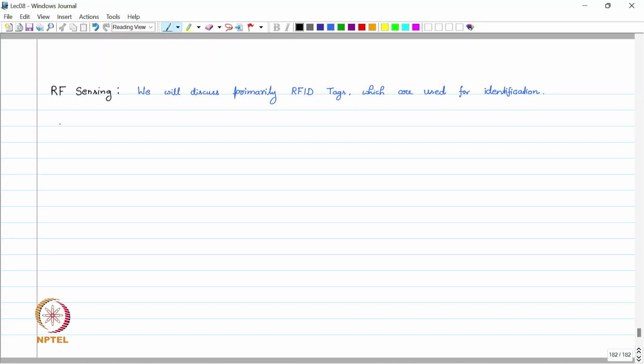So RFID tag is nothing but the radio frequency identification tag.